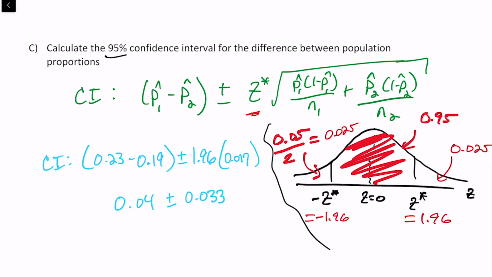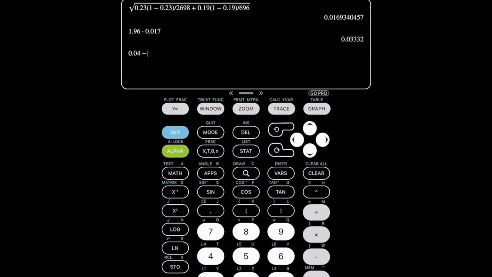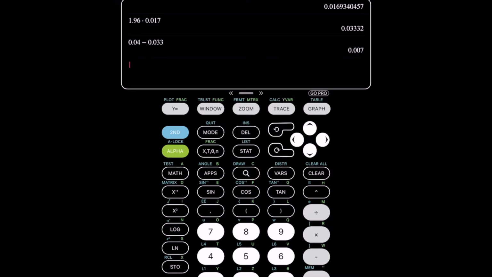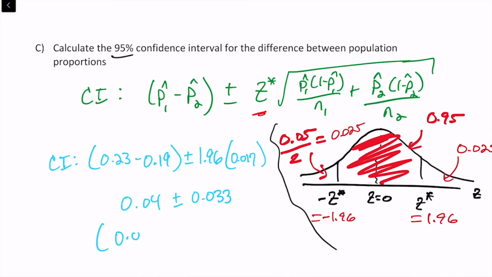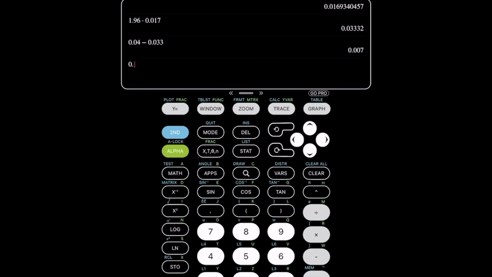And then next we add and subtract. Or let's subtract first. So we take 0.04 minus 0.033. That's 0.007. And if we add them, 0.04 plus 0.033, we should get 0.073.